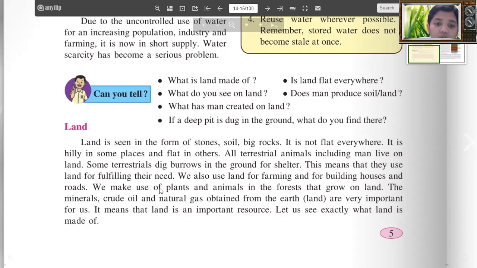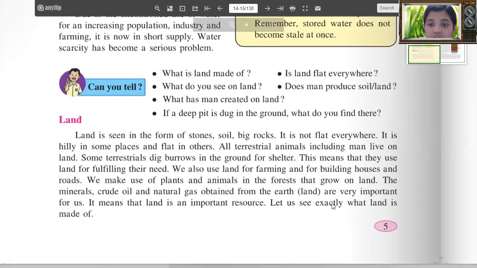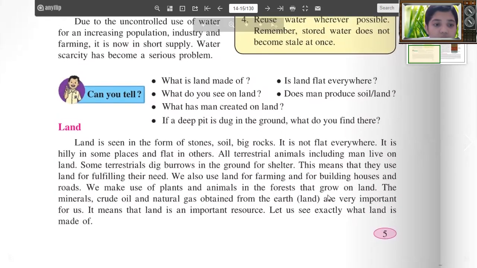We make use of plants and animals in the forest that grow on land. The minerals, crude oil, and natural gases obtained from the land are very important for us. It means that land is an important resource. Let us see exactly what land is made of.